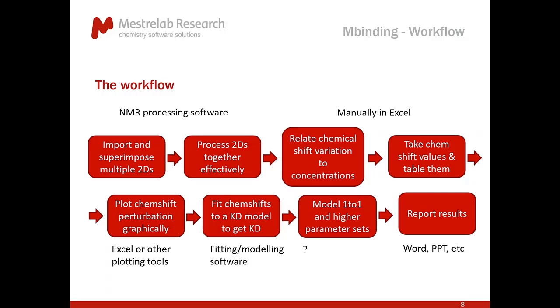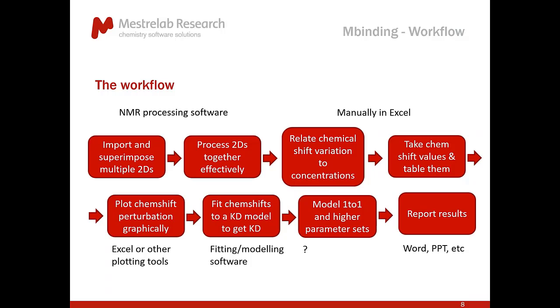No need to use Excel and no need to type any data, which not only takes time, but can also generate transcription errors. You would then want to generate a plot of the evolution of your chemical shift, the chemical shift perturbation, which you could do in Excel and in other plotting tools, and then fit the chemical shifts to a model that will give you a KD.